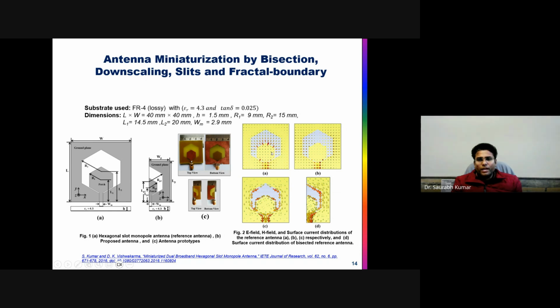In figure number 1, the electric field is symmetrical on this side and that side. However, the magnetic field is asymmetric. So this is known as the symmetric boundary, one can say. If one is able to cut this antenna at this boundary, it will give you the same behavior.